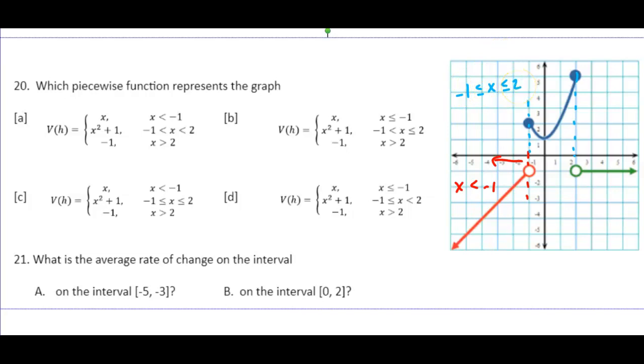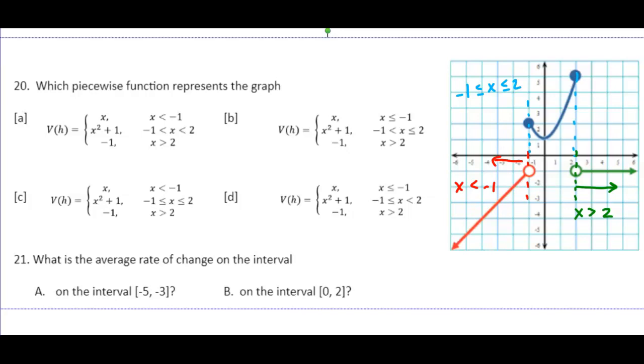And then finally, the green piece, we've got a horizontal segment here that has a value of -1 from 2, and then that segment is everything to the right of 2. That is an open circle, so x has to be greater than 2. So if we take a look at all of these constraints and we choose the one that matches it exactly, we get that C is the correct answer.